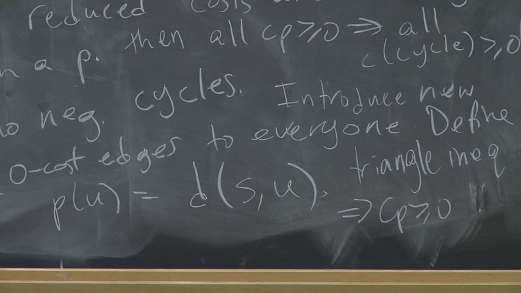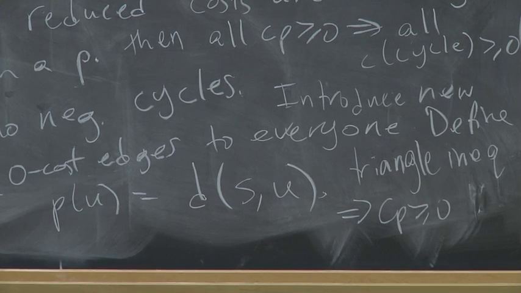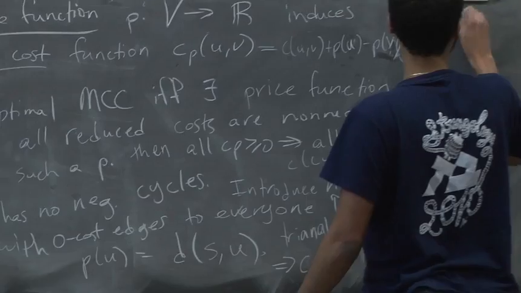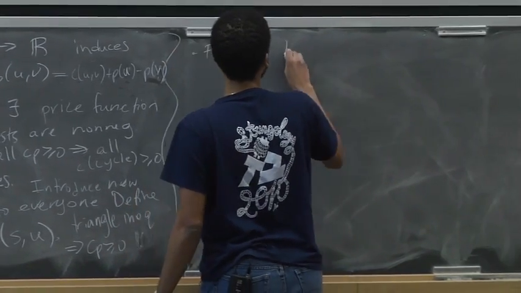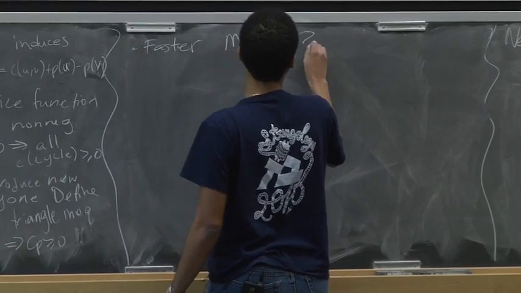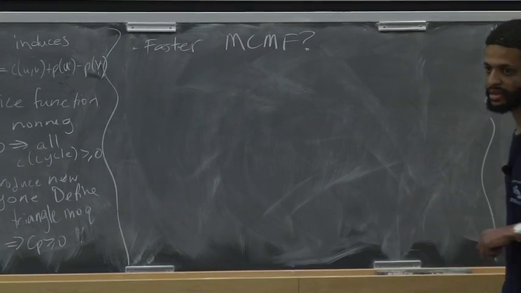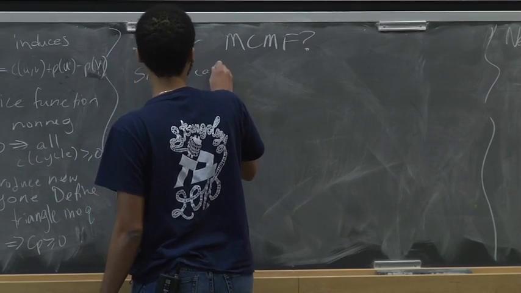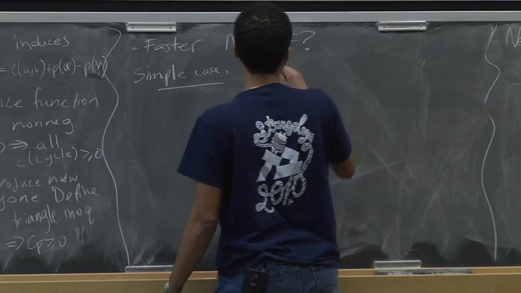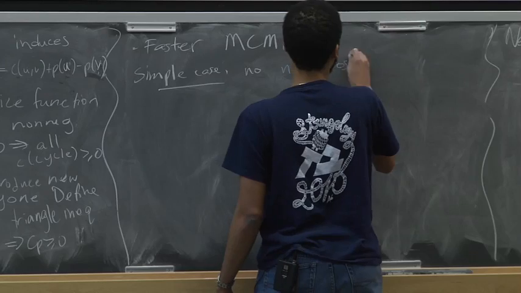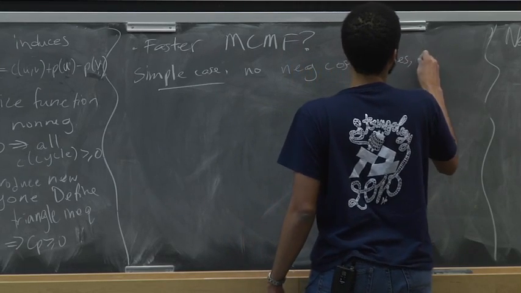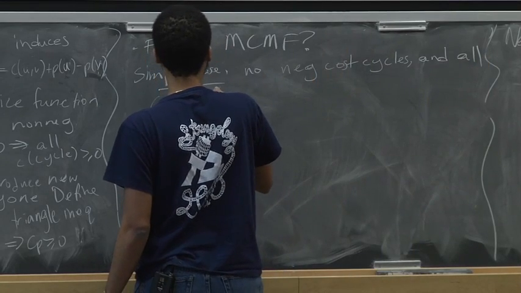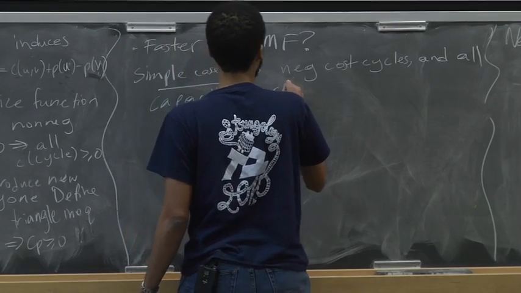Okay, so now, good. So now let's look at faster min cost max flow. So a simple case. Let's say there are no negative cost cycles, and all edge capacities are 1.